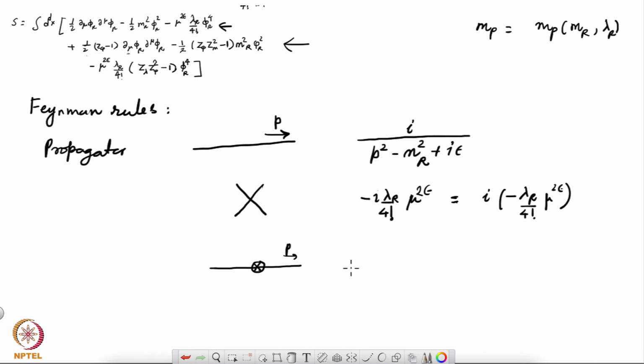And you get i times half (Z_phi minus 1) p squared, minus half (Z_phi Z_m squared minus 1) m_r squared. Let me check.